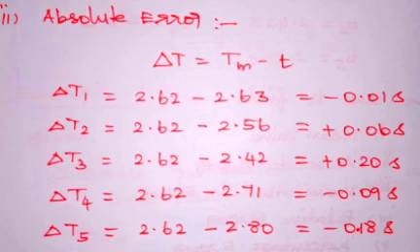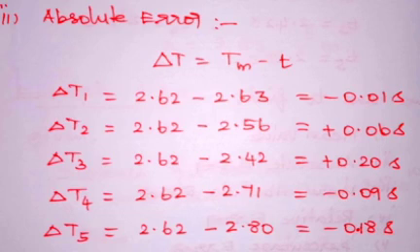Student, second we are going to find the absolute error. We know the formula for finding absolute error, del t equal to mean value minus individual value. One by one we find the absolute error. Del t1 equal to 2.62 minus 2.63, we get minus 0.01 second. Del t2 equal to 2.62 minus 2.56, we get plus 0.06 second.